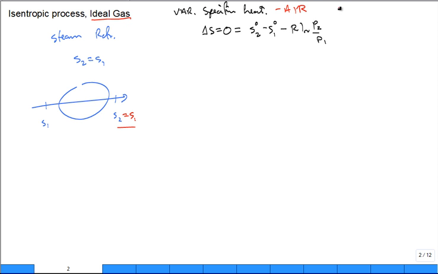You can also do this for gases like CO2, carbon monoxide. I think they have nitrogen. I think they have oxygen, but it's on a molar basis. So we have S bar naught at state 2 minus S bar naught at state 1 minus R bar natural log of P2 over P1.